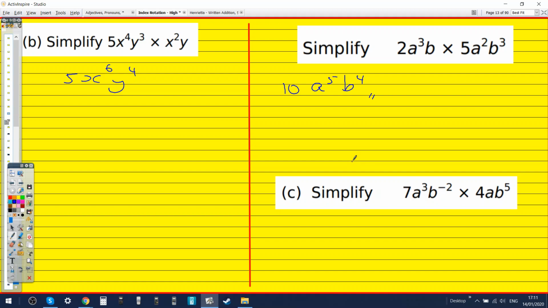So 7 times by 4, so 28 a 4 b^3. Well done.